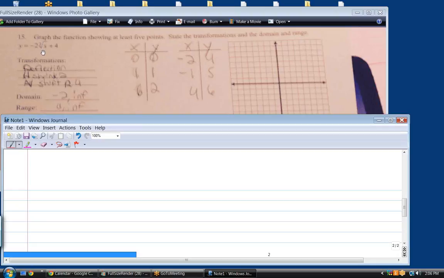Yes, David, it's y equals -2 cube root x plus 4. Okay, so when I plug in 1 for x, first of all, what's the cube root of 1? 1. What's -2 times 1? -2. What's -2 plus 4? 2. So 2 goes right there.